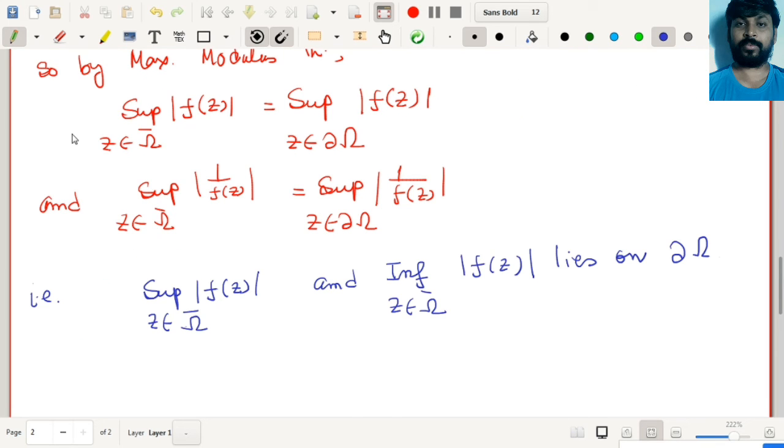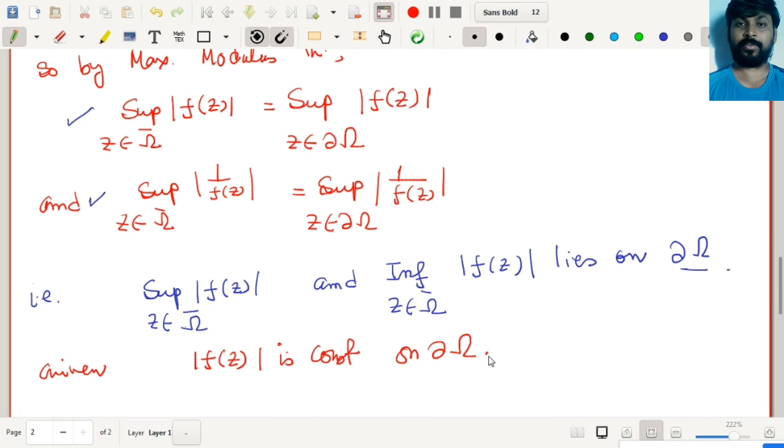So from these two equalities, we can conclude that the supremum value of mod f(z) where z belongs to omega bar and the infimum value of mod f(z) where z belongs to omega bar both lie on the boundary of omega.